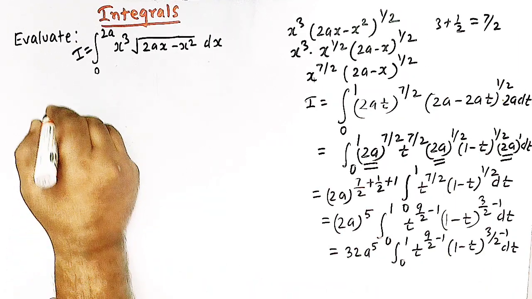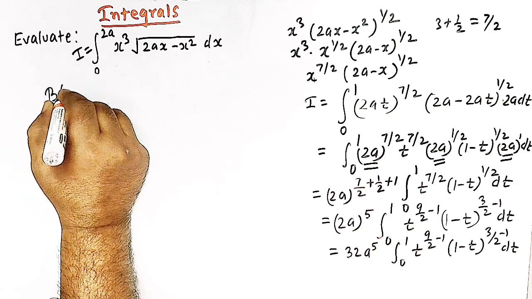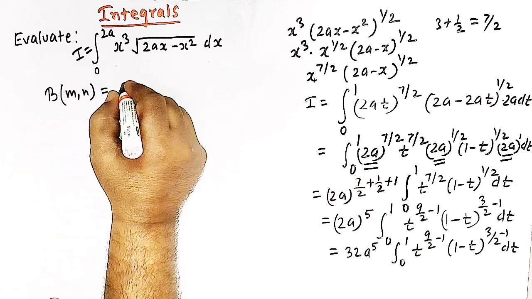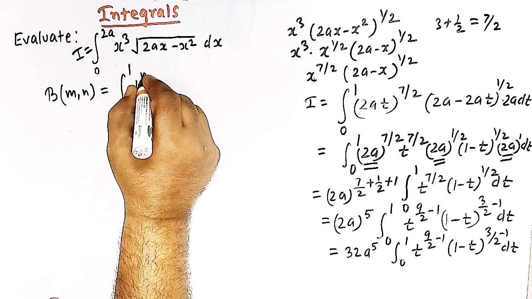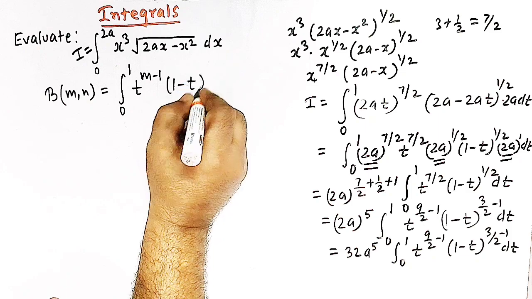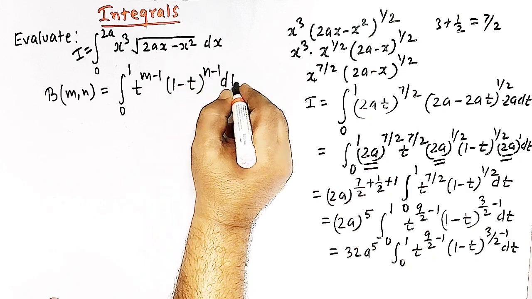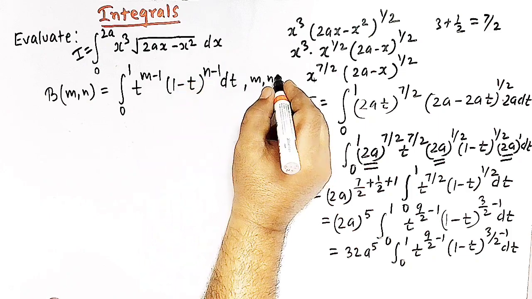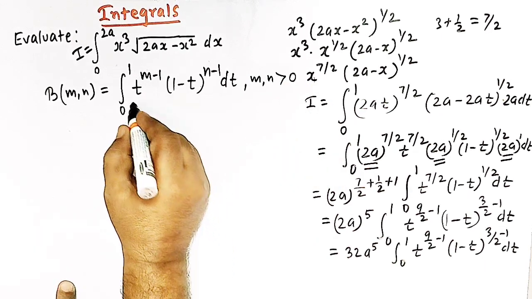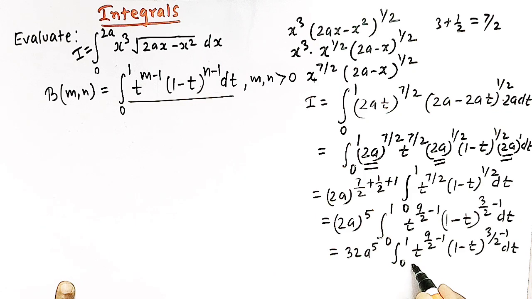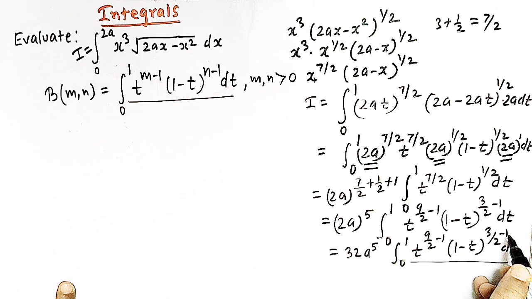So now the beta function is defined as beta m comma n, and we have the integral that is 0 to 1 and t raised to m minus 1, 1 minus t raised to n minus 1 dt, where m and n are greater than 0. So now if we compare this integral with this one, then here we have 0 to 1, and t raised to 9 by 2 minus 1, 1 minus t raised to 3 by 2 minus 1.